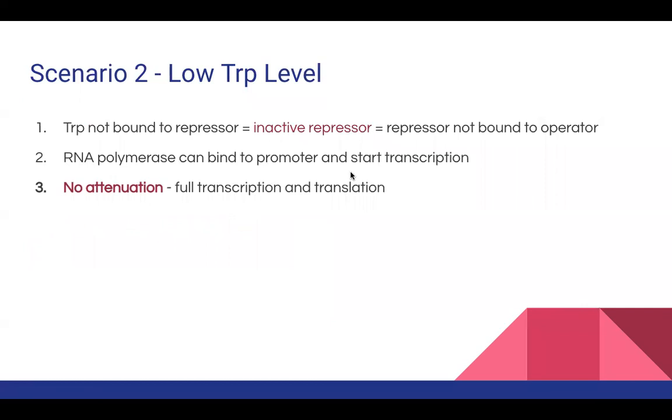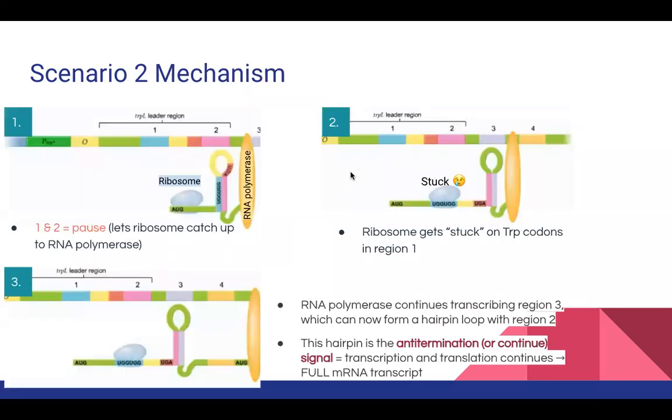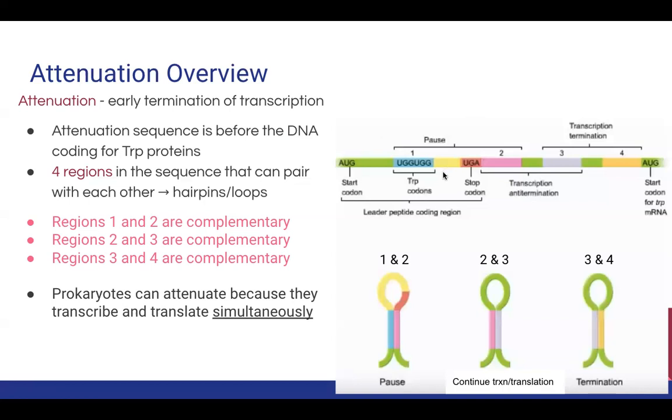We already went over the low level. RNA polymerase is going along these regions here, and if it gets stuck on these, there's tryptophan shown in this diagram over here.